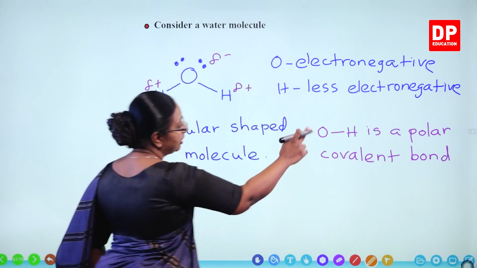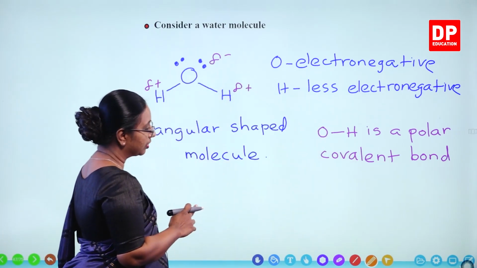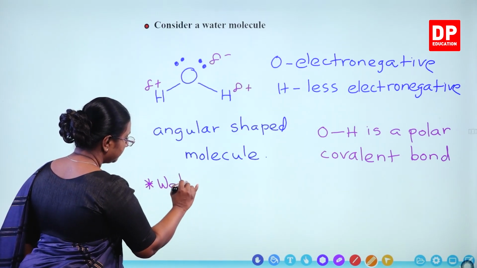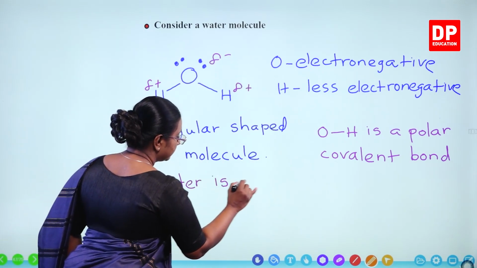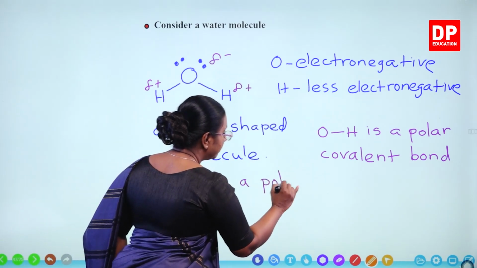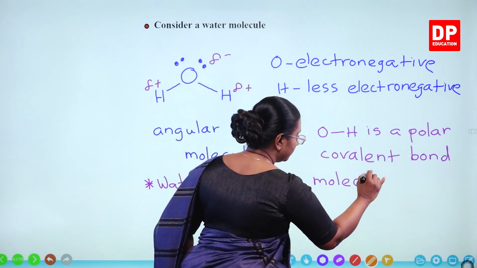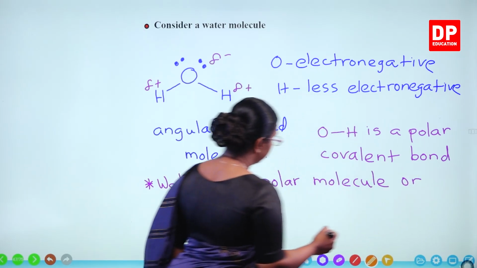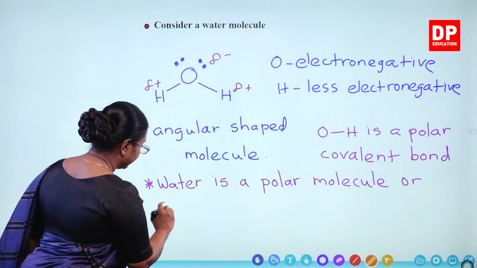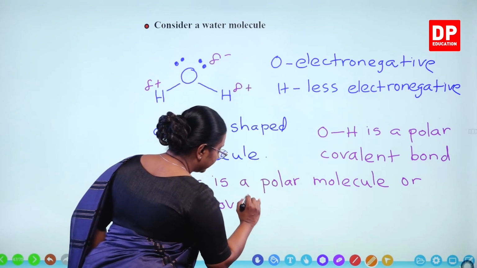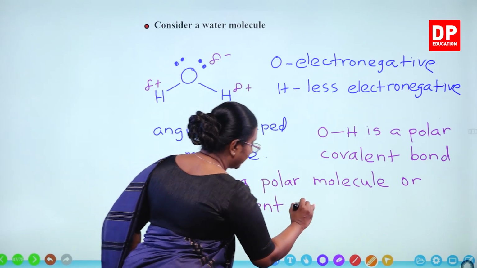So here not only is the OH bond a polar covalent bond, but water is a polar molecule, or we can say a polar covalent compound.